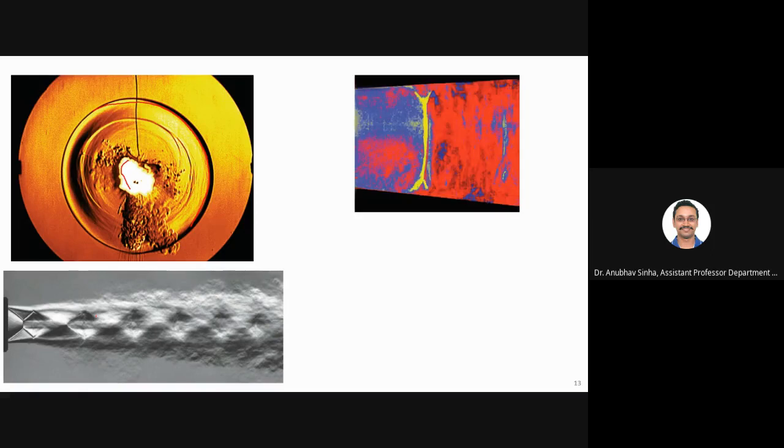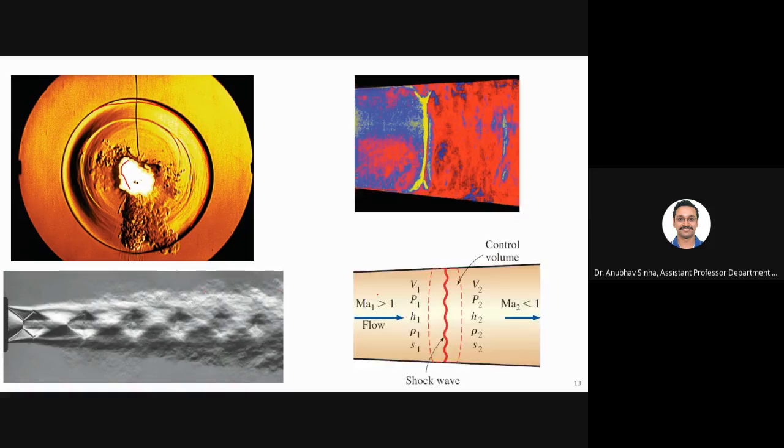This is basically a divergent tube, so the area is increasing, and we can model it like this. Let us say this is the shock, and around that shock I create a control volume, and you see that flow is coming from left to right. So the Mach number, let us say I call it M1, is more than 1, and here it is less than 1.